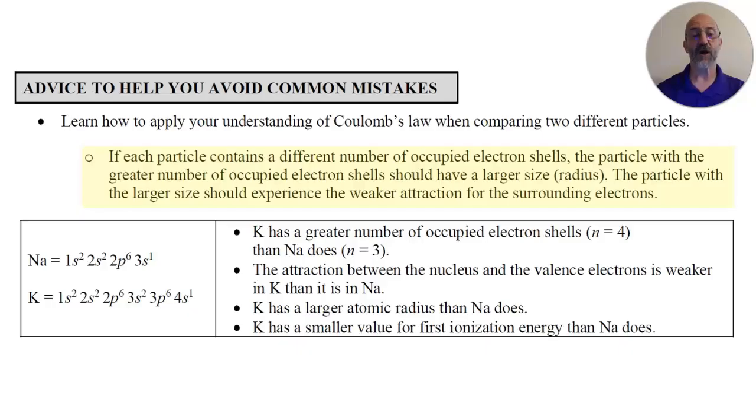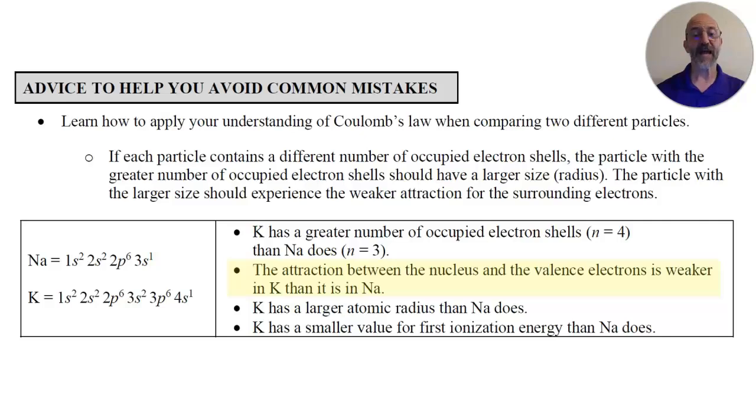The outer electron for sodium is in a 3s orbital, but the outer electron for potassium is in a 4s orbital. So potassium has a greater number of occupied shells, energy level 4, than sodium does, energy level 3. The attraction between the nucleus and the valence electrons is weaker in potassium than it is in sodium.